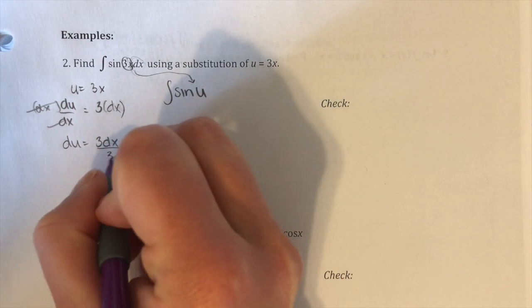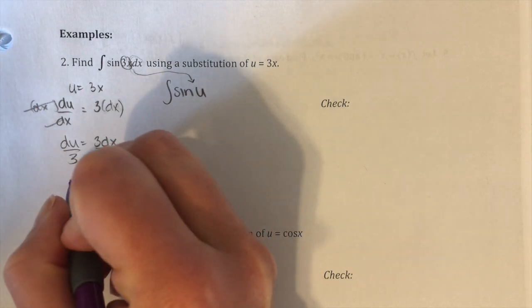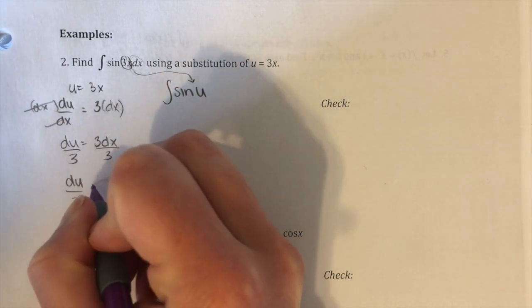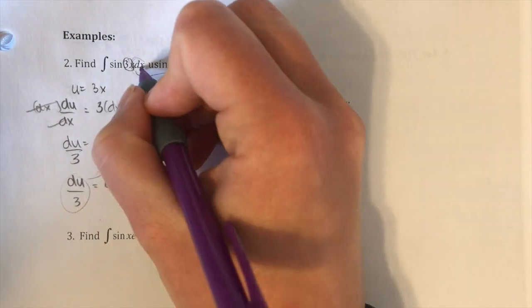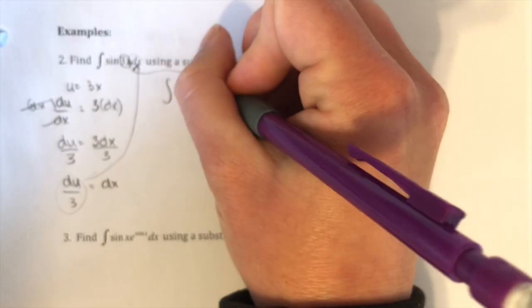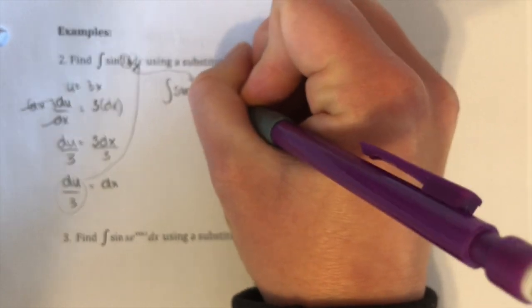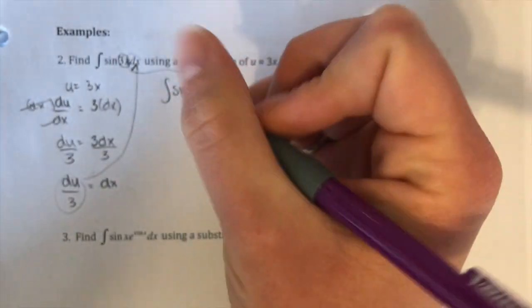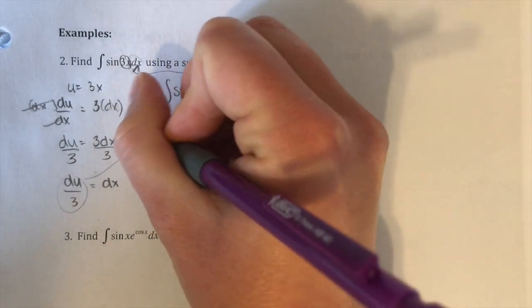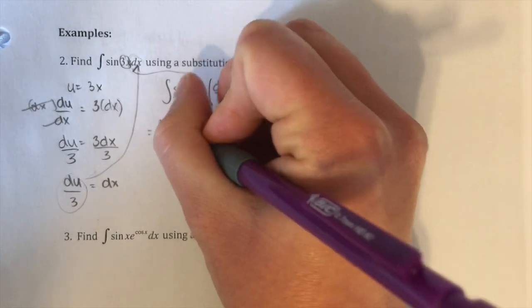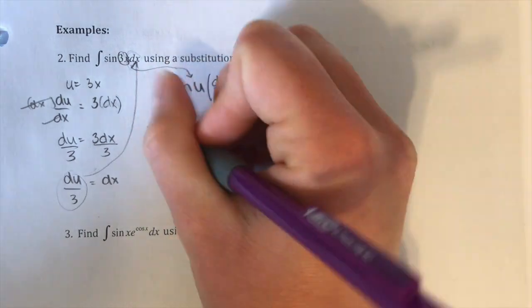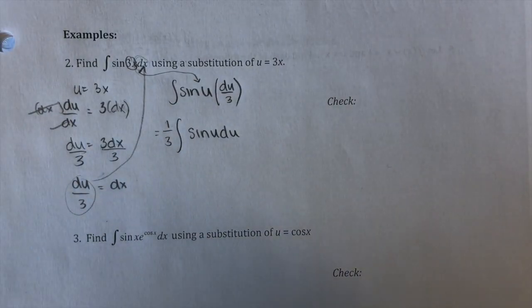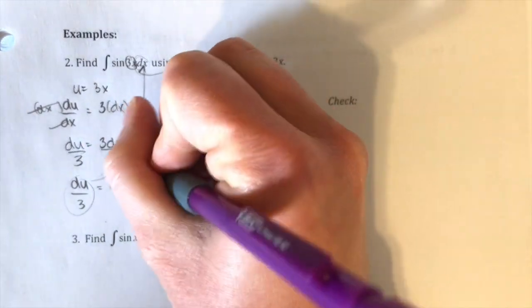So we're going to have to divide both of these by 3 to figure out that du divided by 3 is equal to dx. This whole thing can go in for that dx. It's going to be du divided by 3. That divided by 3 is just a constant. That's a 1/3. So we could pull that out right away. And then we just have 1/3 times the integral of sine u du. Okay?